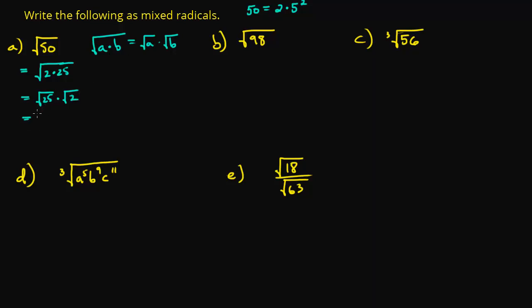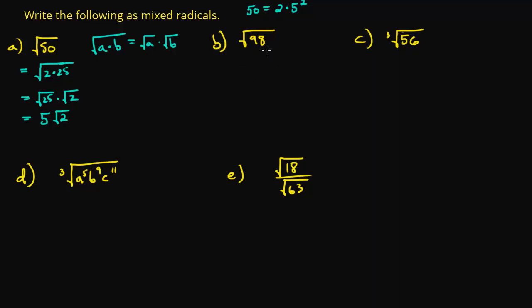Well, the square root of 25 is 5. And the square root of 2 we can't simplify any further. So the square root of 50 simplifies to 5 times the square root of 2. Now, you might be able to do this in your head, but you should show your work when you're simplifying radicals.